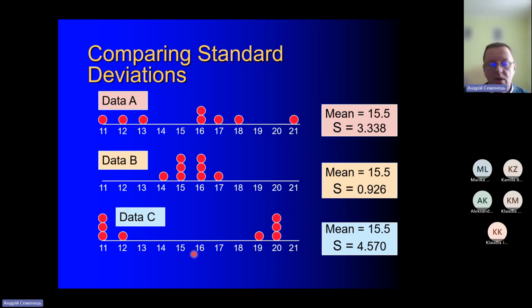So here we have a clear clue: if our data is symmetrical and concentrated in the center, we have the smallest s, and if we have significant variability in our data set, it will be larger, and so on.